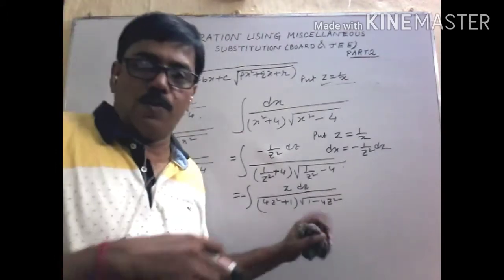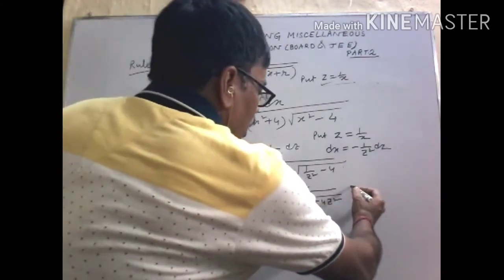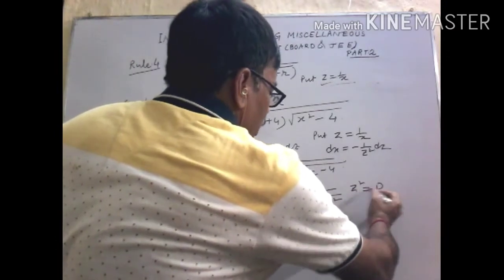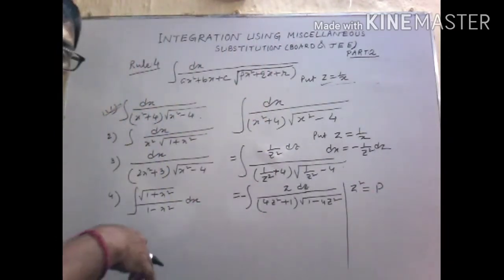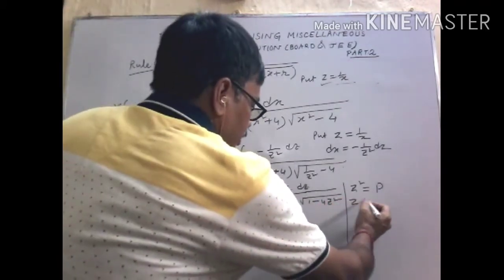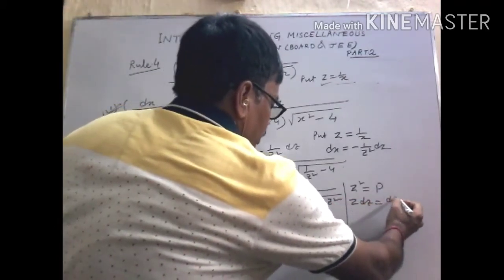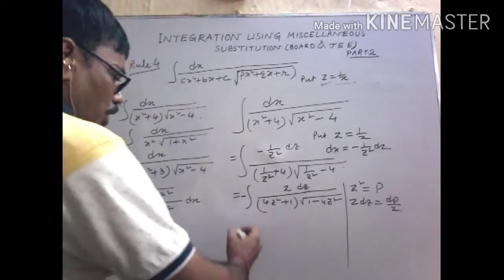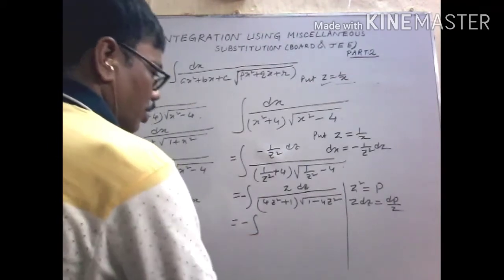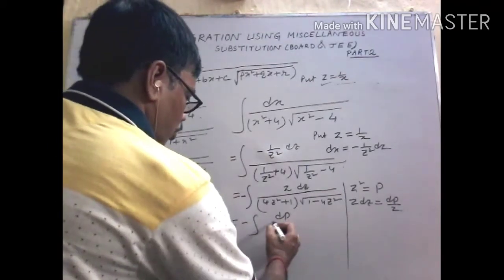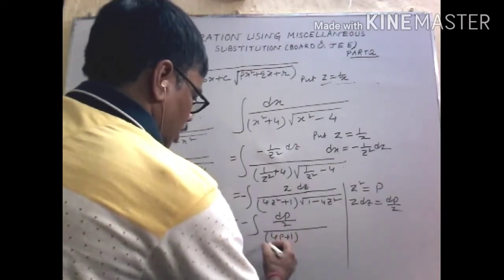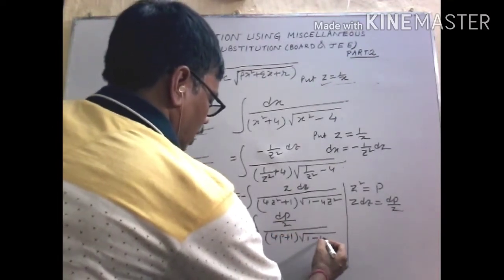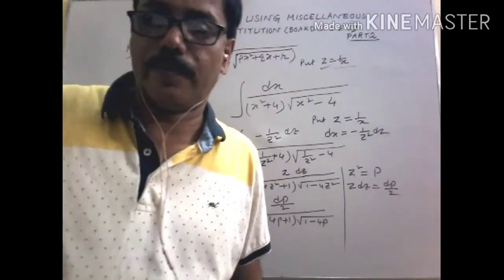Now look, if we put z square equals p, so what we are getting, z dz equals dp by 2. So minus dp by 2, (4p plus 1) into root over 1 minus 4p.